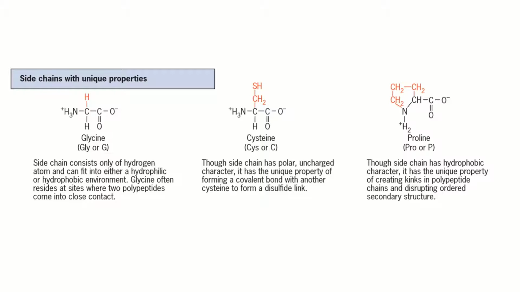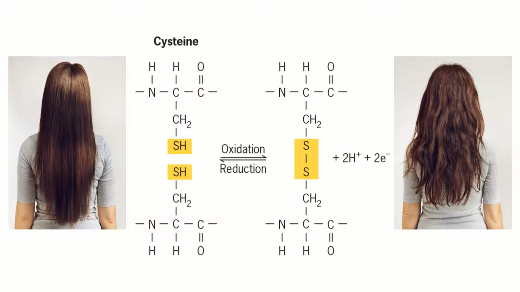So I'd like to particularly focus on cysteine, which has a sulfur atom in its side chain. So cysteine is actually an amino acid that when it's part of a polypeptide chain, it can cause the formation of disulfide linkages. So as we see here, sulfur-sulfur linkages.